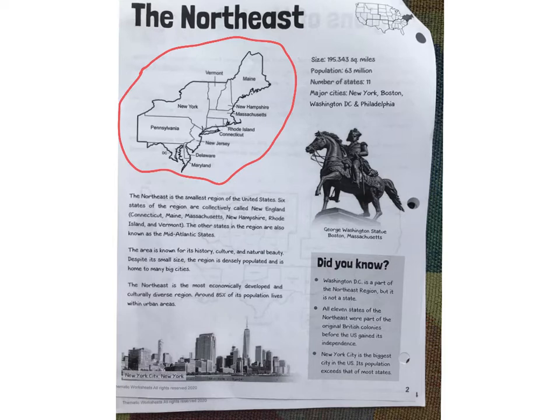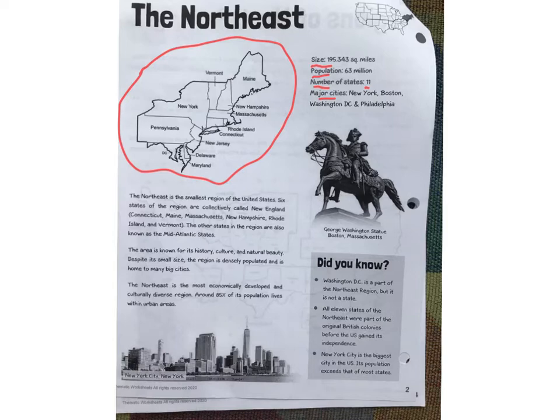So we've got the size up here, and they put that in square miles, and then they've got the population, 63 million. The number of states is 11. And then the major cities that are there. So the major cities are New York, Boston, Washington, D.C., and Philadelphia.